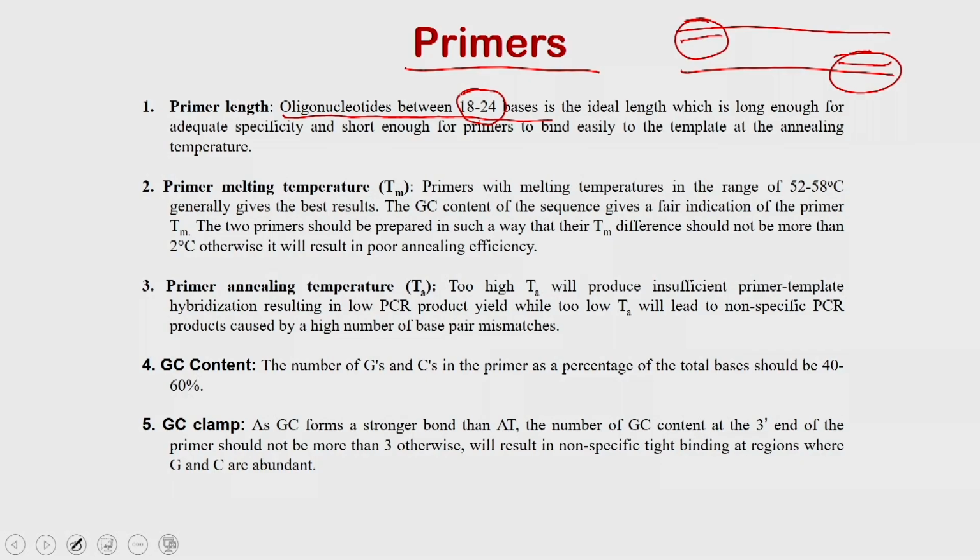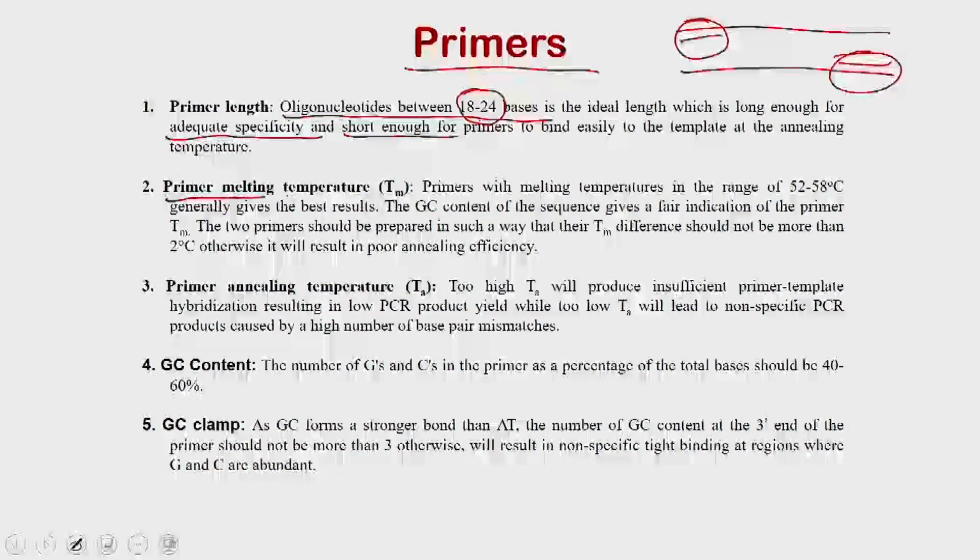If you go beyond this length, then you are also going to create other kinds of problems, like the primer is going to show secondary structures. So, it is advisable that you use an oligonucleotide in the range of 18 to 24, which will provide adequate specificity, and shorter or longer than this length is going to create trouble in terms of giving you the desirable products.